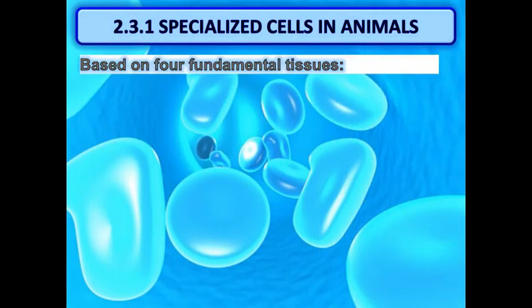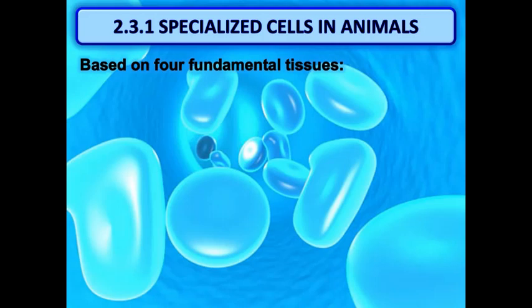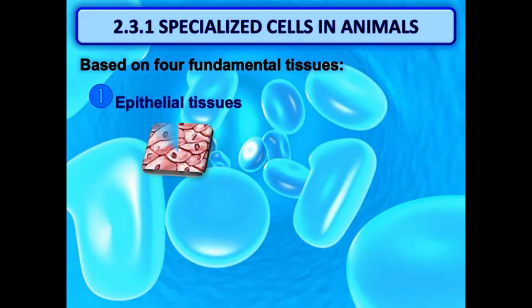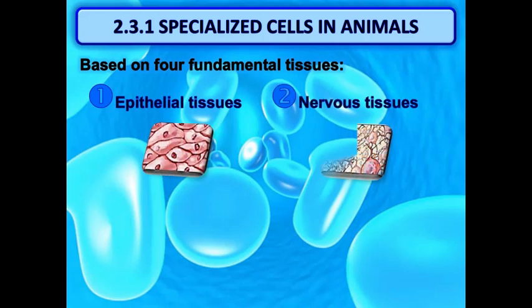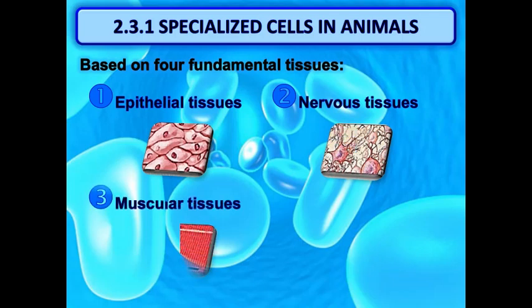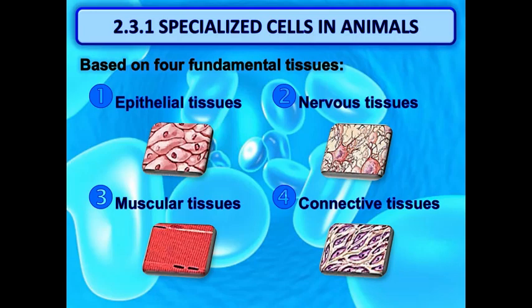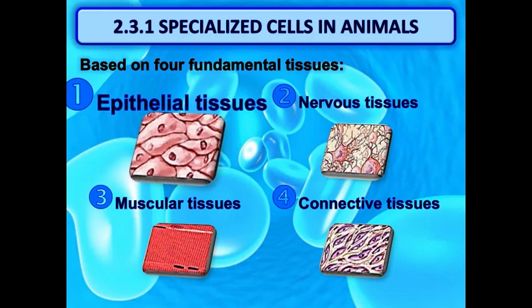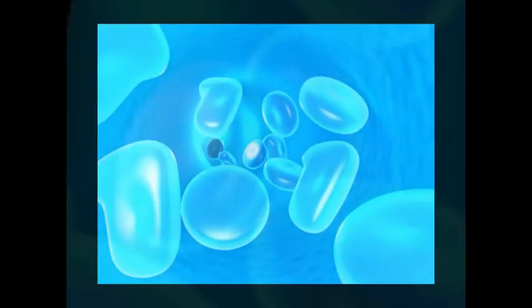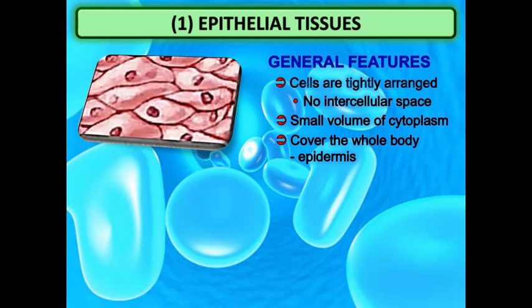There are 4 types of animal tissue. We look at epithelial tissues first. You can see cells are tightly arranged. There are 2 types of epithelial tissues.